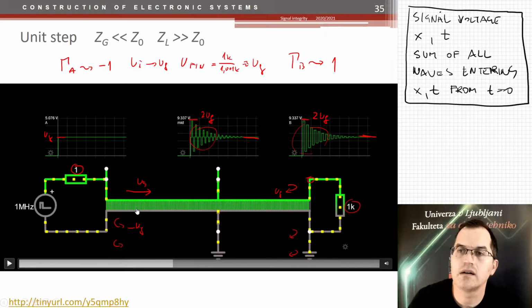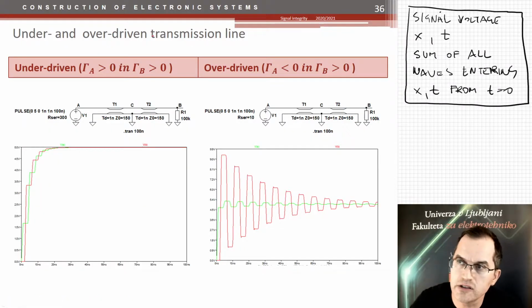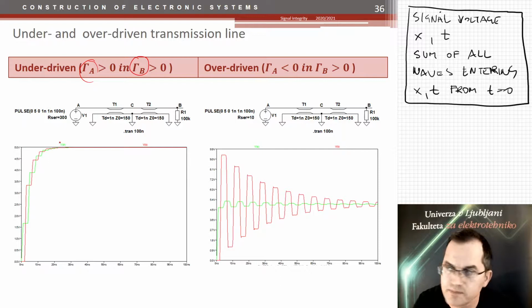So we distinguish 2 line driving modes. The first is the underdriven and the other is the overdriven transmission line. An underdriven transmission line is when we have positive reflection coefficients on both sides, so high resistance sources and high resistance loads. So the voltage is then building up to reach the final value, and it's approaching from the bottom side.